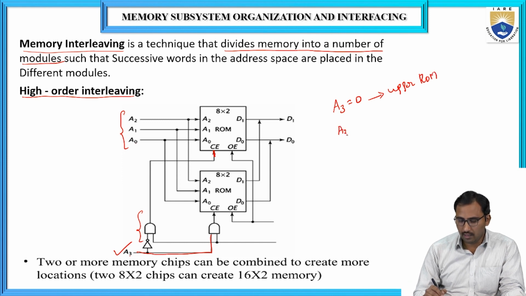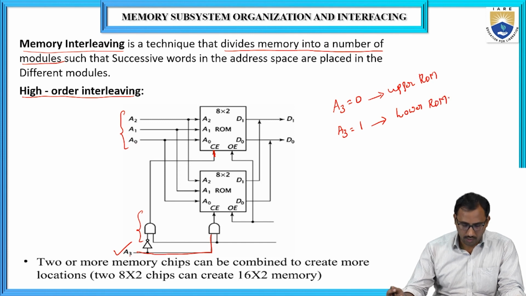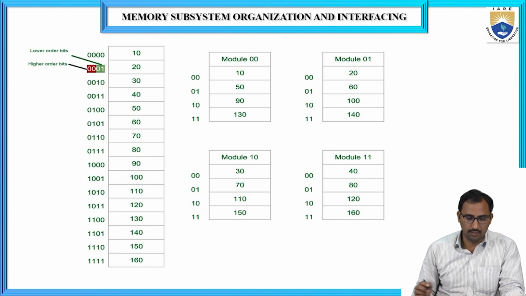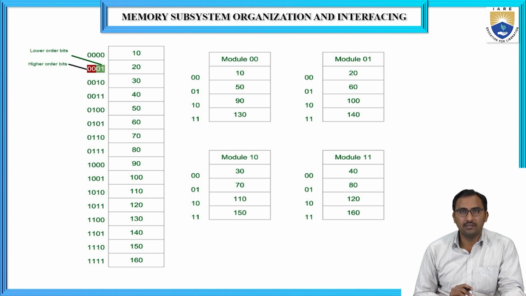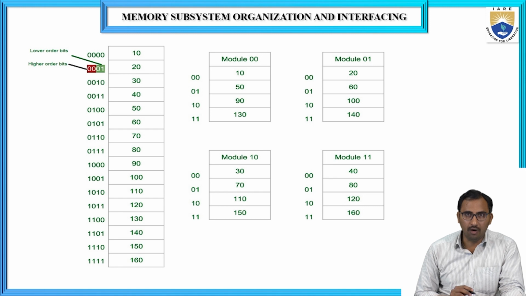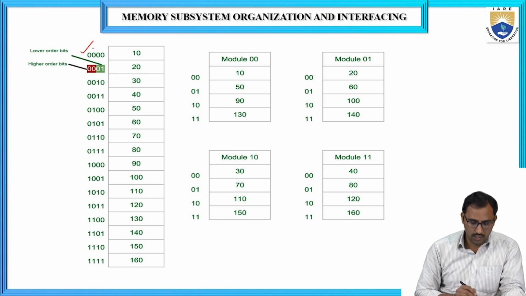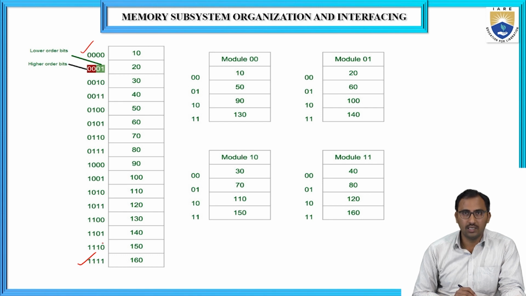When A3 is equal to 1, we can access the lower ROM. So by combining two 8 by 2 ROM chips, we can form 16 memory locations, 0 to 15, total 16.